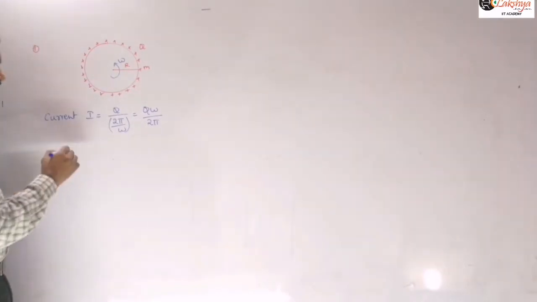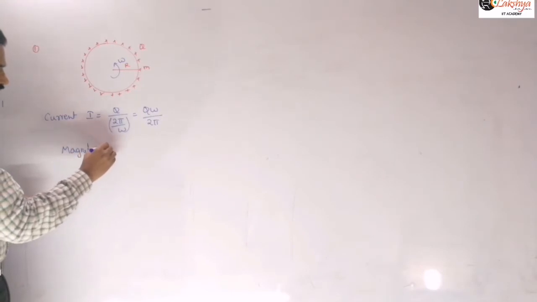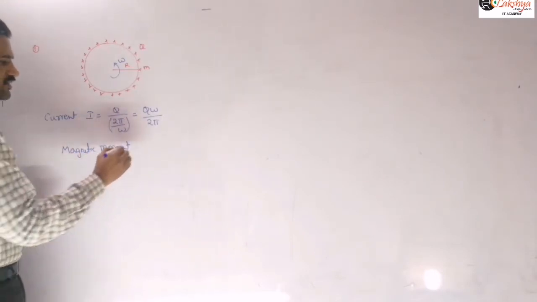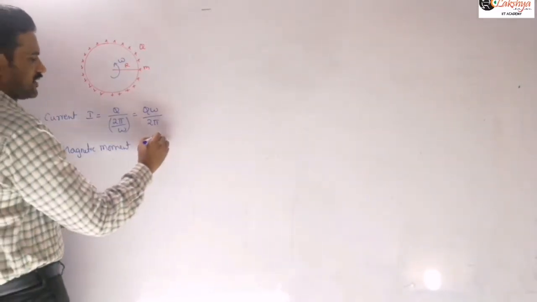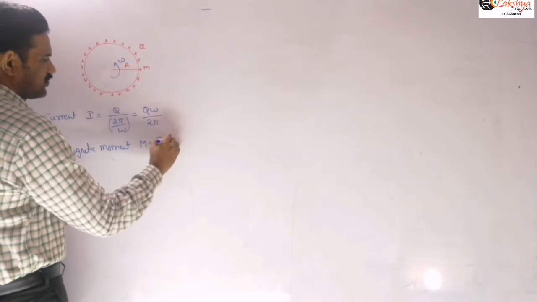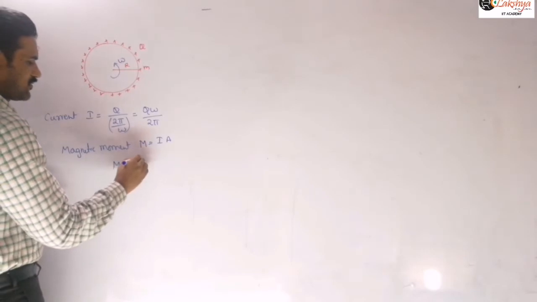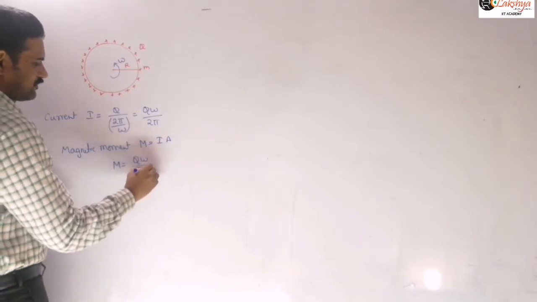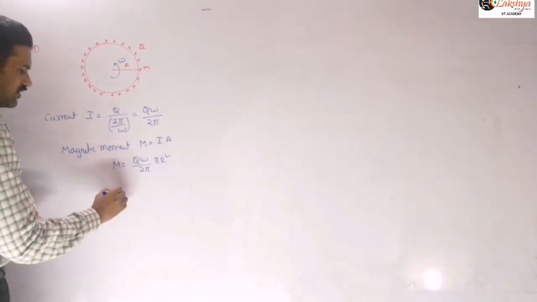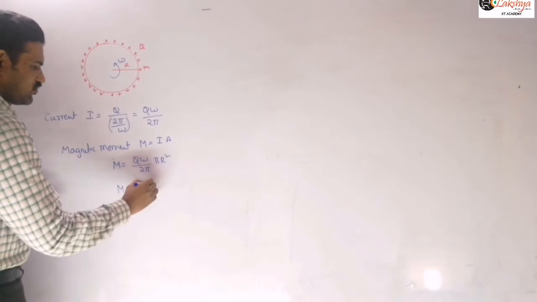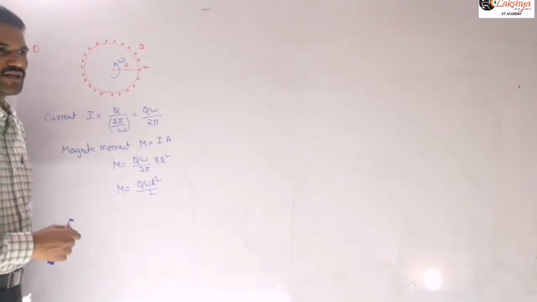Therefore, the magnetic moment of this ring is M equal to I into A, which is Q omega by 2 pi into pi r square, so the magnetic moment is Q omega r square by 2.